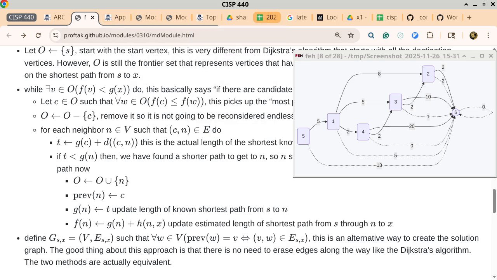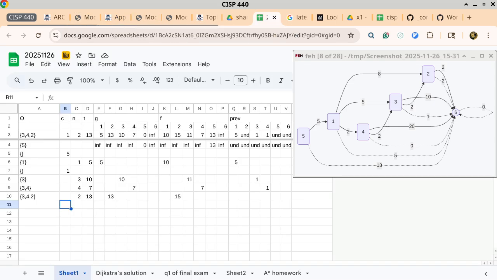So what do you think? So we look at the vertices 3, 4, and 2, and we ask, does at least one of these vertices have an f value that is less than g of 6? What is g of 6 at this point? It's still infinity. We haven't touched that.